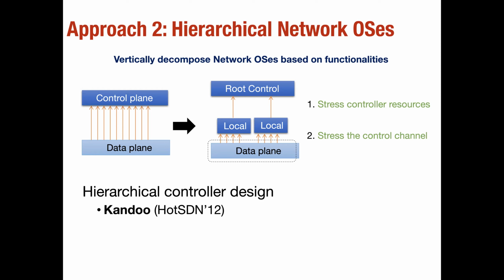And I would say that a version of Onyx adapted this hierarchical control design itself. When Onyx was published, they were also talking about hierarchical design, but as a principle, I don't think they had an implementation of it back then, right? So these are all the ideas about how we can scale the network operating system.